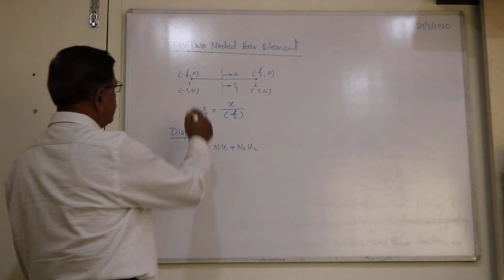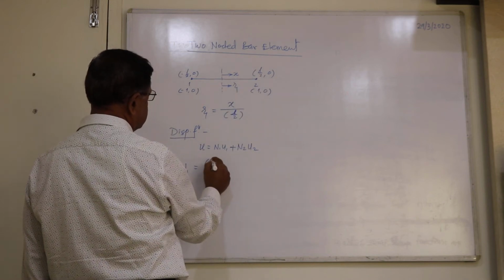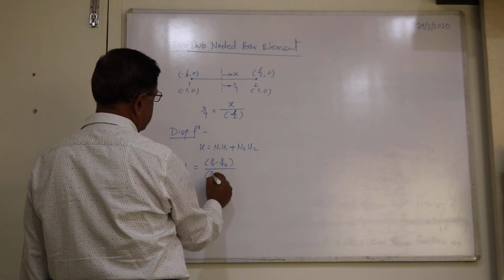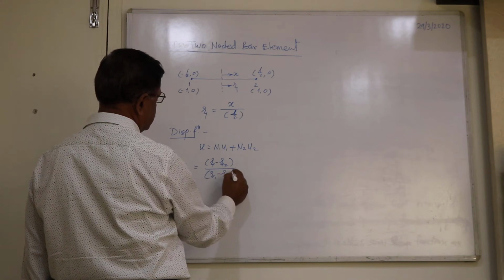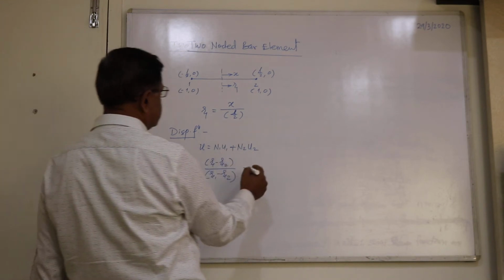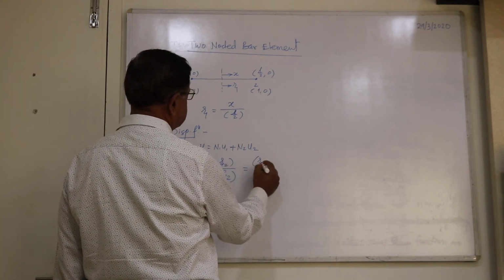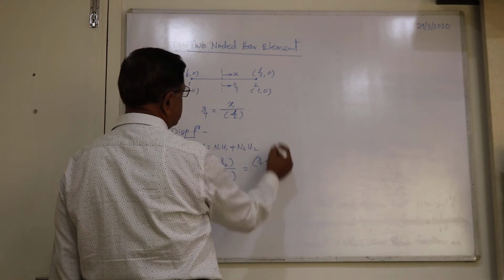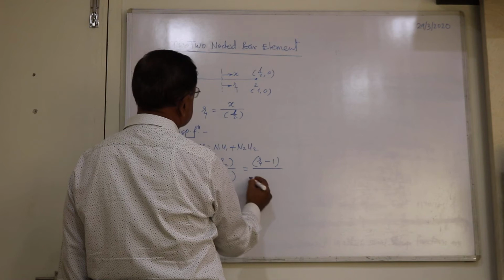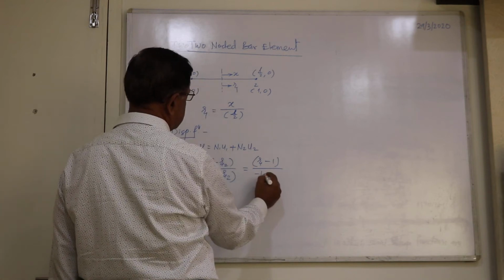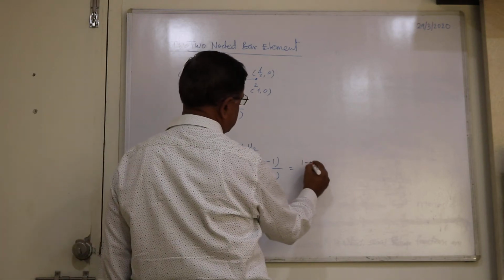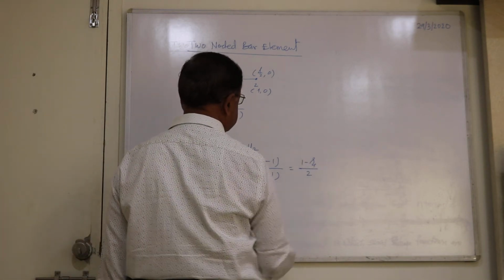So N1 is equal to xi minus xi2 divided by xi1 minus xi2. Here xi2 is plus 1 and xi1 is minus 1, so this gives us 1 minus xi upon 2.